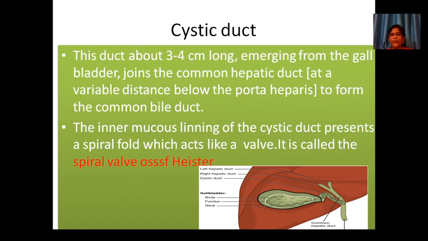You see the beautiful image, then you will come to understand about this cystic duct. See this image: the cystic duct is 3 to 4 centimeters, emerging from the gallbladder, and it is uniting with the common hepatic duct, and then it becomes the common bile duct.